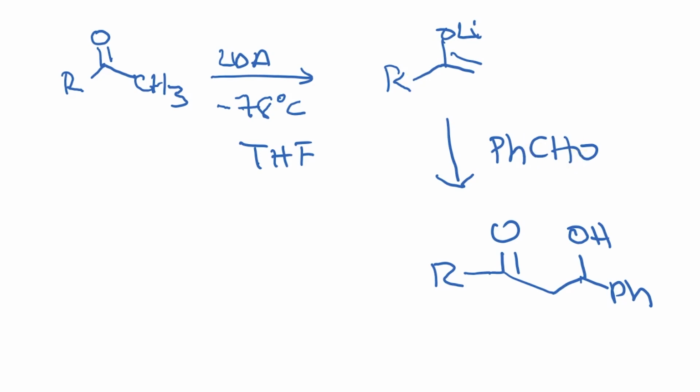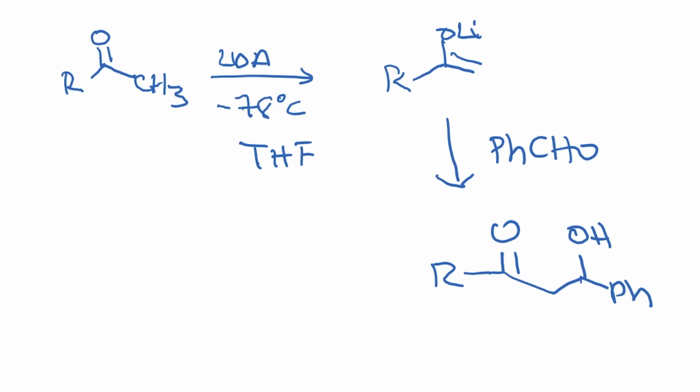So what it does is that the enolate is quite reactive here, and then once there's plenty of enolate in solution and there's a small amount of aldehyde that is added, the reaction would favor the formation of aldol.